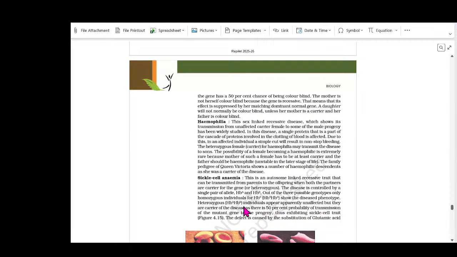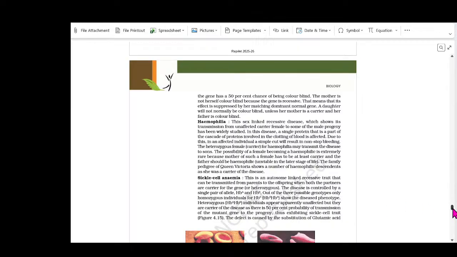Heterozygous HbA HbS individuals appear apparently unaffected, but they are carriers of the disease and there is a 50% probability of transmission of the mutant gene to the progeny, thus exhibiting sickle cell trait.